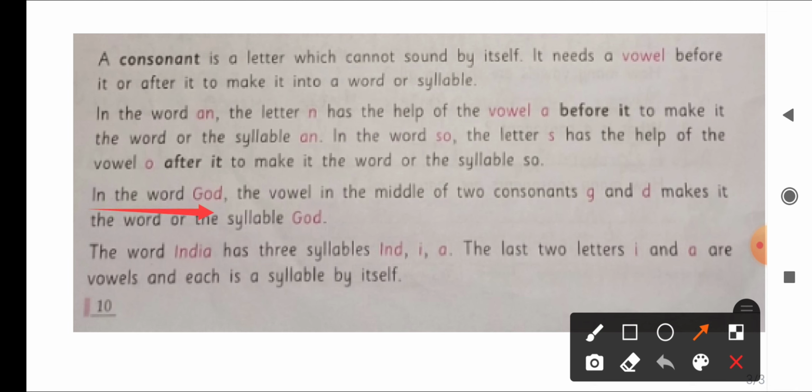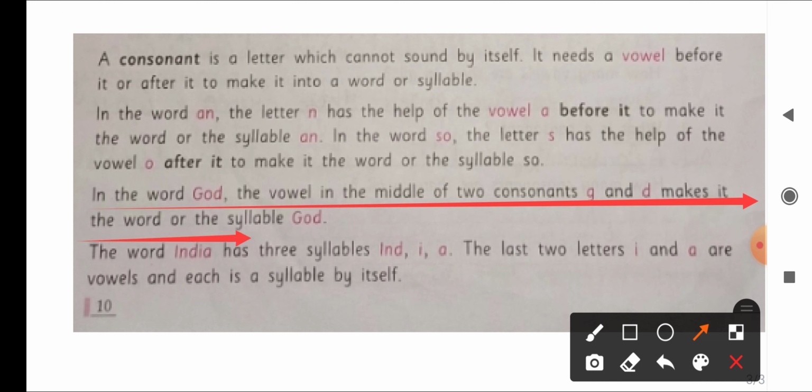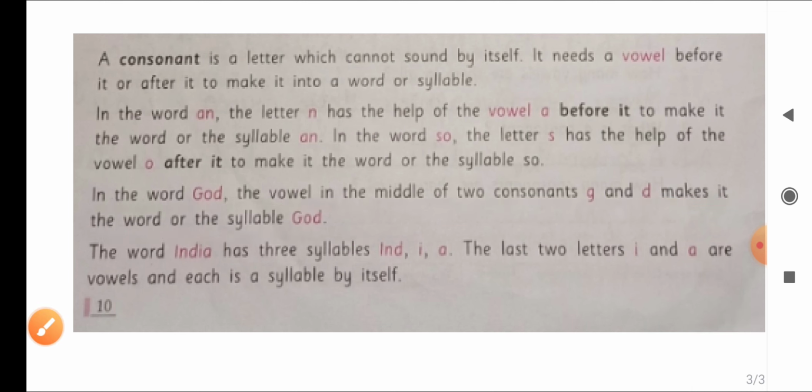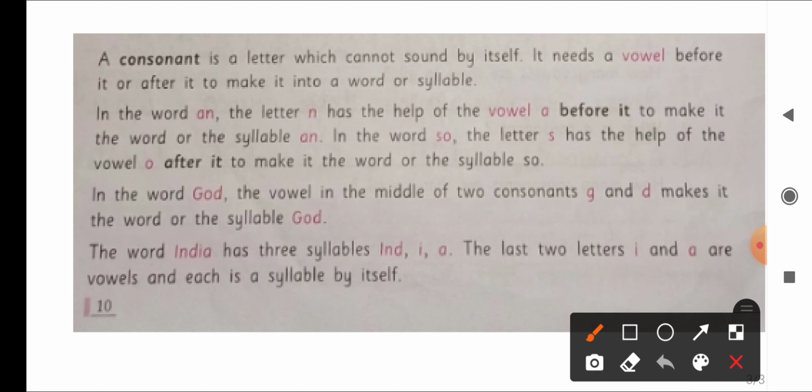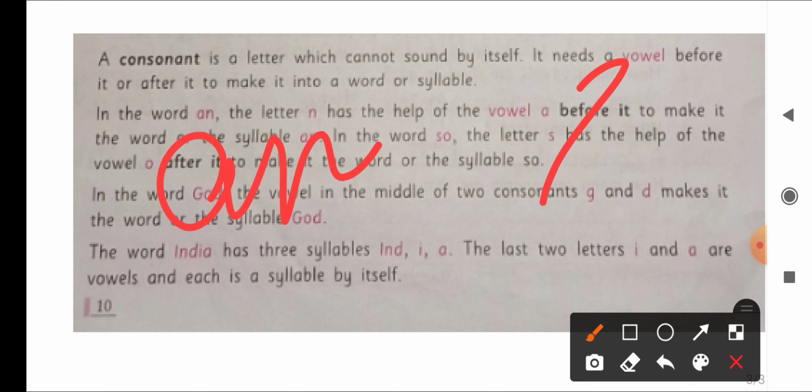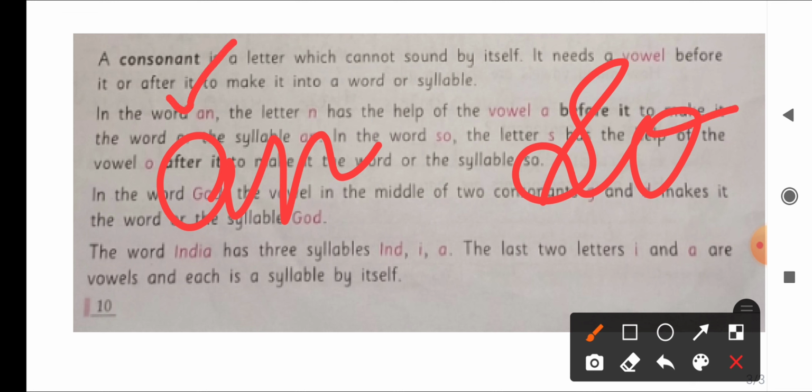In the word God, the vowel in the middle of two consonants G and D makes it the word or the syllable God. Okay, we had a talk about an and so, isn't it? Here the vowel was before the consonant, here the vowel is after the consonant.